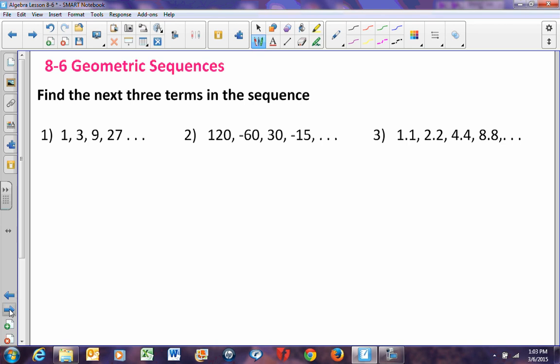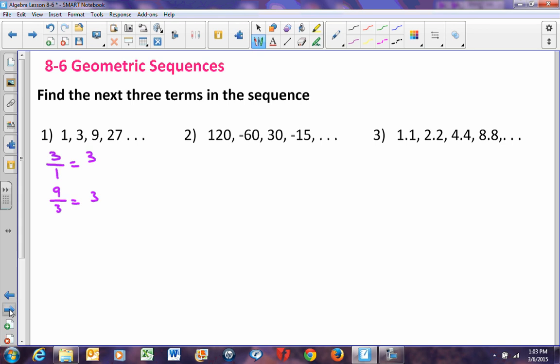Okay, so I'm going to look at 1, 3, 9, and 27. Some people go, oh, I already know you're multiplying 1 times 3, and 3 times 3 is 9, and 9 times 3 is 27. Let's double check and make sure that is our common ratio. 3 divided by 1 is 3, 9 divided by 3 is 3, and 27 divided by 9 is 3. So we'll multiply everything by 3, or 3 over 1.